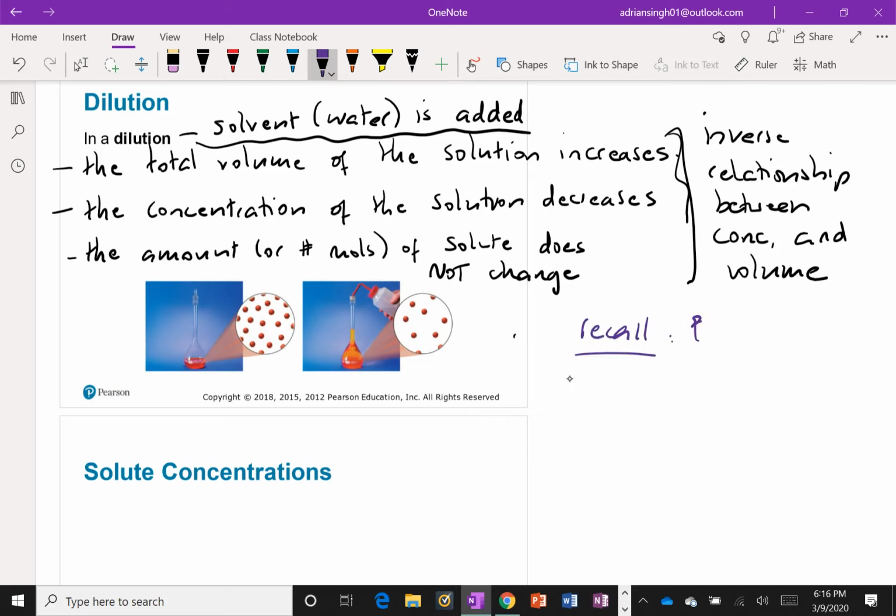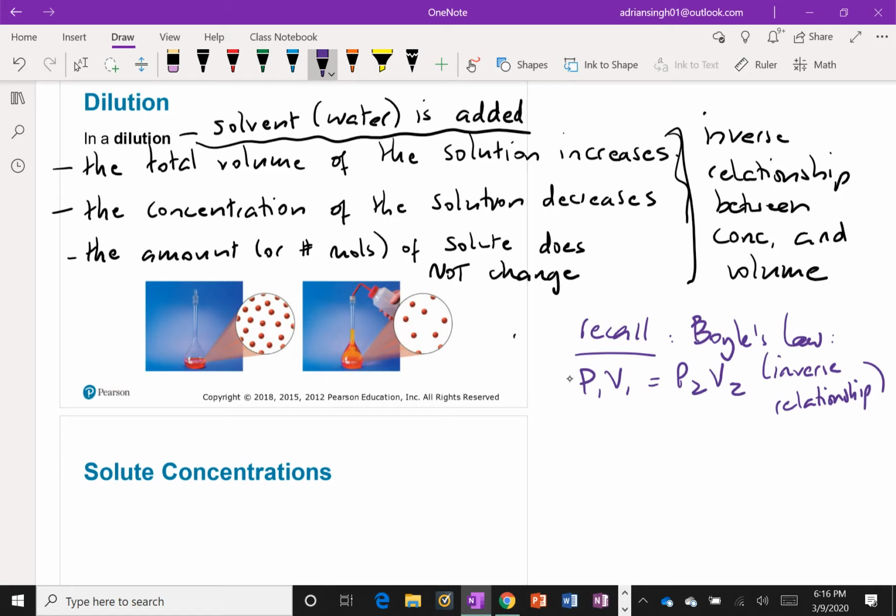Pressure and volume. So it was P1 times V1 equals P2 times V2. That was an inverse relationship that we saw in lab last week. Initial pressure times the initial volume is equal to the final pressure times the final volume.